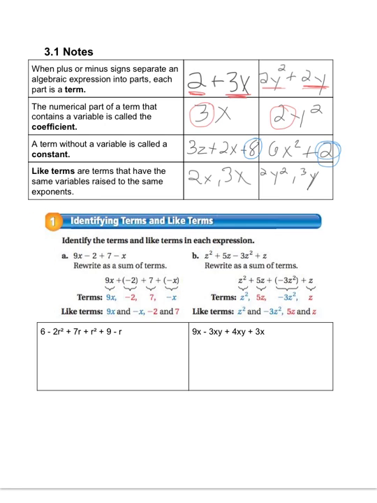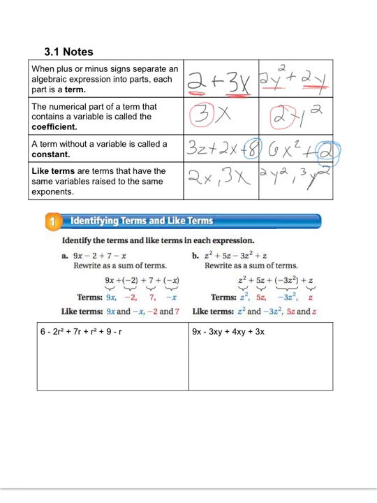So if we look here, they both have the y, same variable, but they are raised to different exponents or different powers. We have y squared, so it's raised to the second power, and 3y is raised to the first power. So in order for these to be like terms, they have to have the same variable raised to the same exponent. So if I make this 3y squared, now we have two like terms.